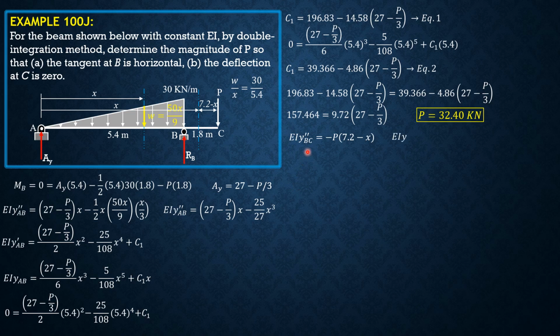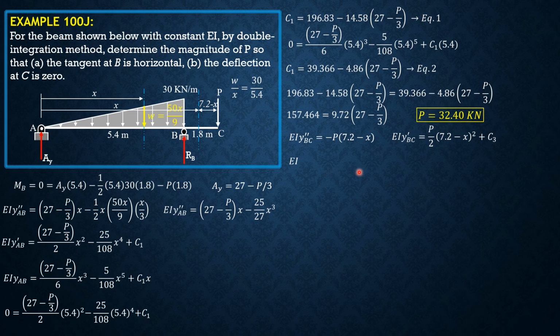Integrate: EI y prime BC is equal to positive, because this is 7.2 minus x, so the integral is negative, negative, negative, so it becomes positive. P over 2, quantity 7.2 minus x squared plus c sub 3. There is also c sub 4 because the origin is here, that's the right part.